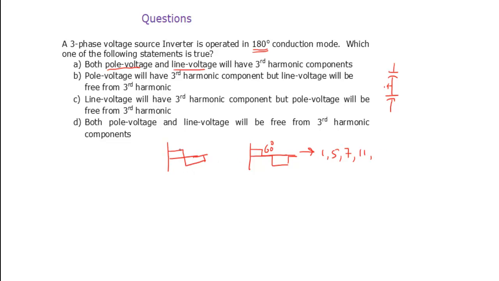But a perfect square wave will have all odd harmonics, that means 1, 3, 5, 7, 9, 11 and so on. So this is the pole voltage, this is the line voltage.